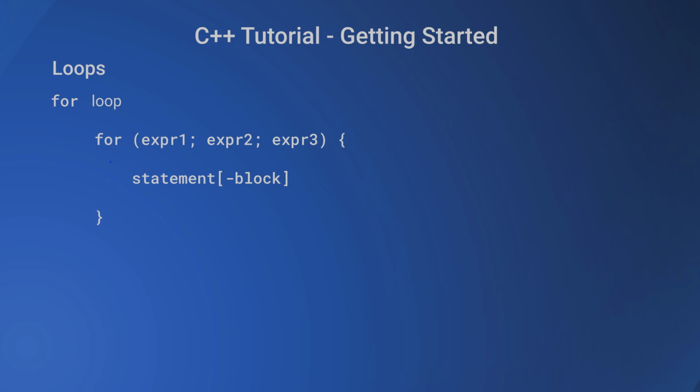If expression 2 evaluates as true, the statement block is executed. Otherwise, the loop terminates. At the end of iteration, expression 3 is evaluated and the iterations continue. In the for loop, any or all of the 3 expressions can be omitted, but there must be 2 semicolons in the parenthesis after the for keyword.